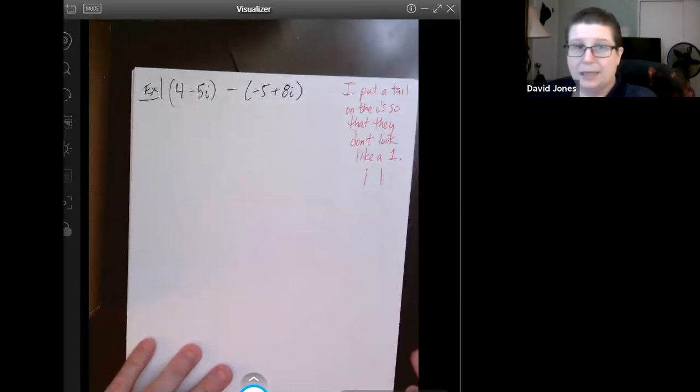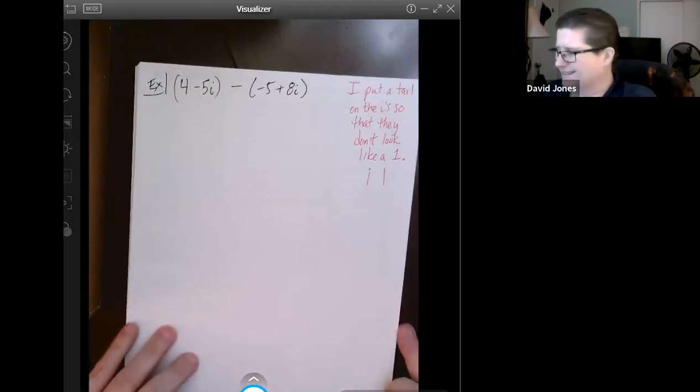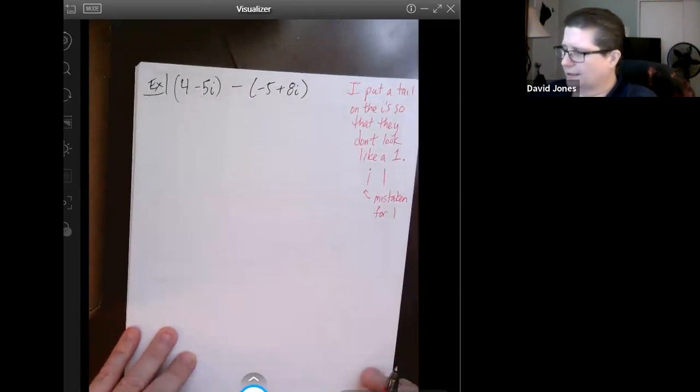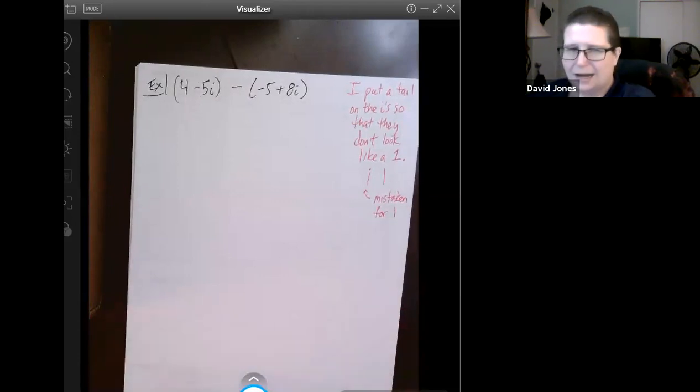It can be mistaken for 1. So if you put a little tail on it, and no, i's or 1s don't have tails on them.